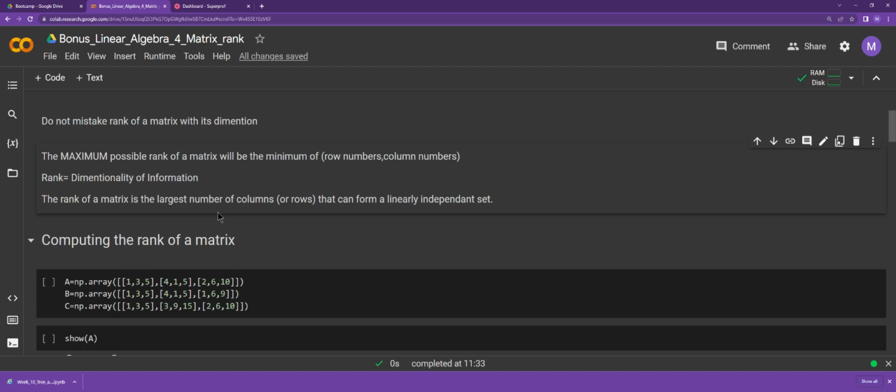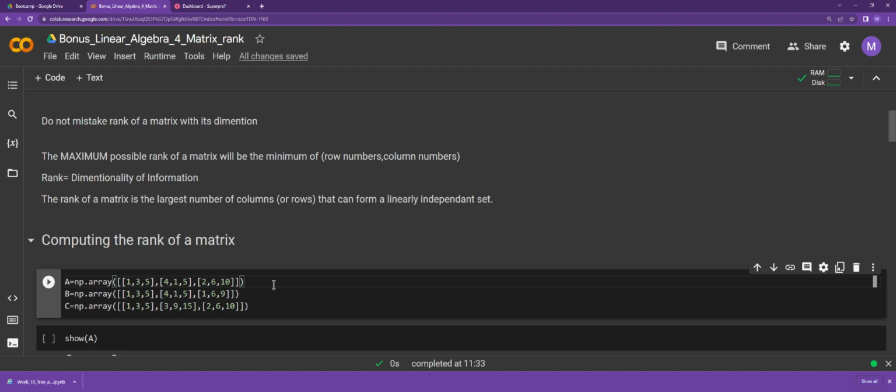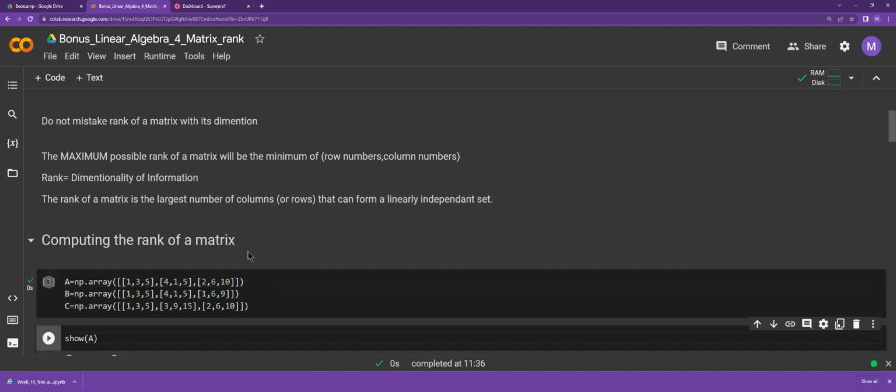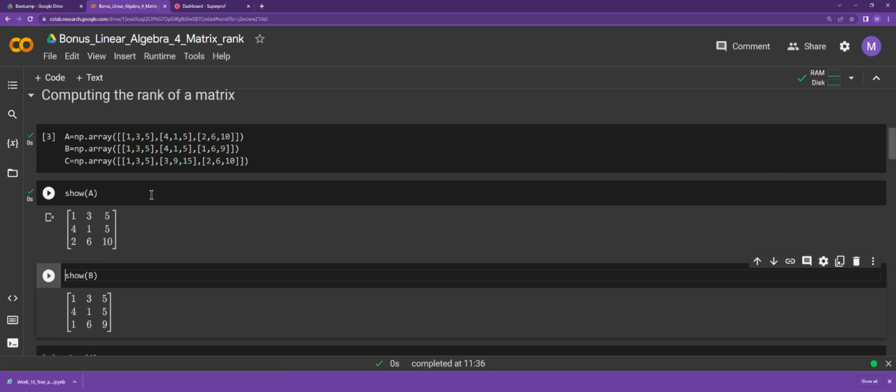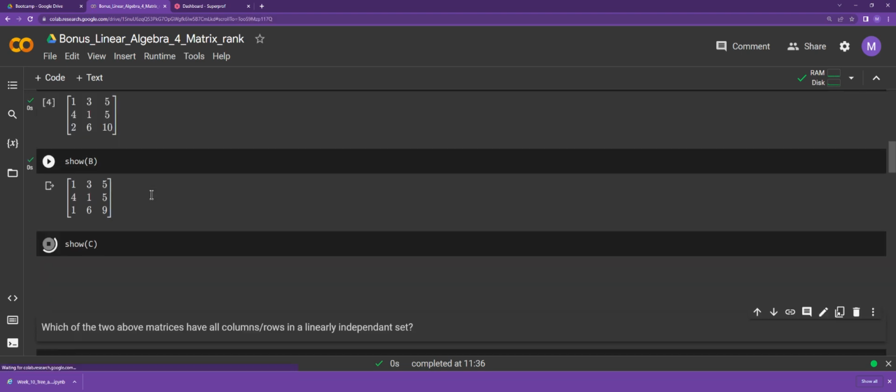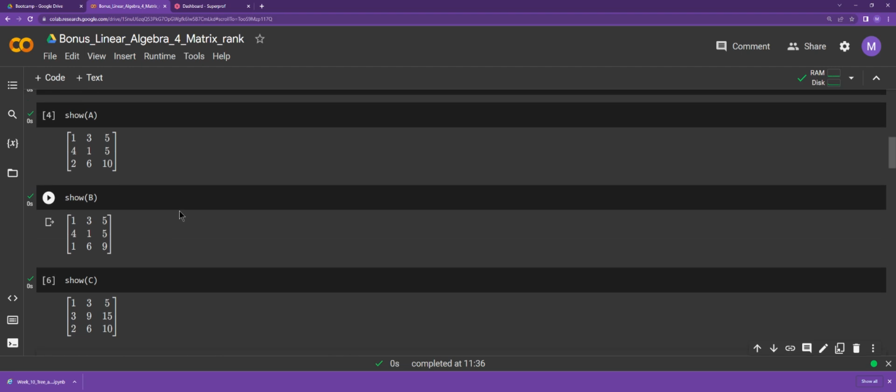And here we are just trying to basically see how we do this stuff with Python. So let's go ahead and make three matrices. We have matrix A, B, and C. And let's take a look. So matrix A, matrix B, matrix C. Well, let's see, what's the rank of these matrices?